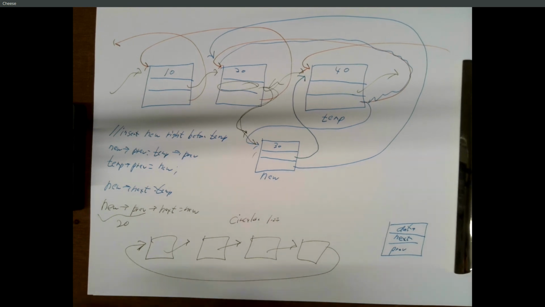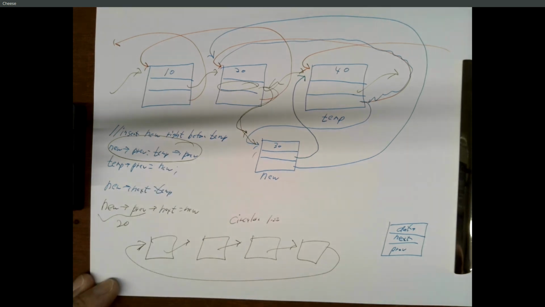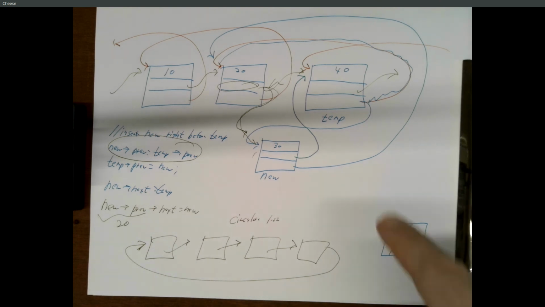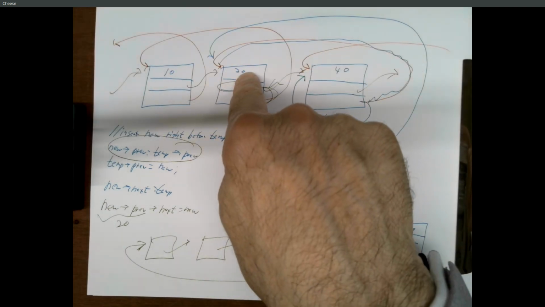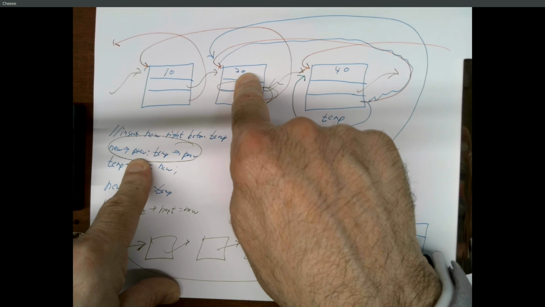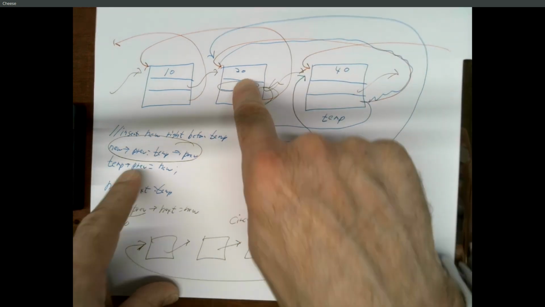New previous is 20 because the first thing we did was we said new previous is equal to temp previous. So we made new point back to whatever temp, which is our 40, was pointing back to, which was 20. So this was temp previous. So we set new previous to be the same. So new previous went back to the 20.